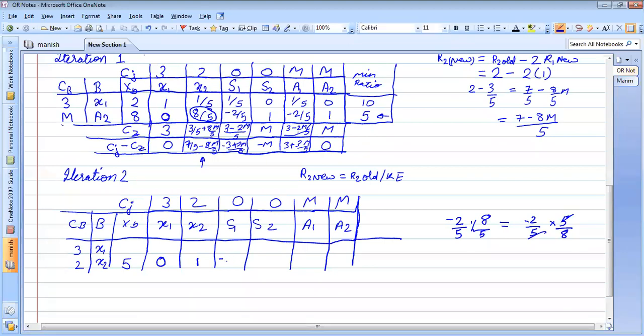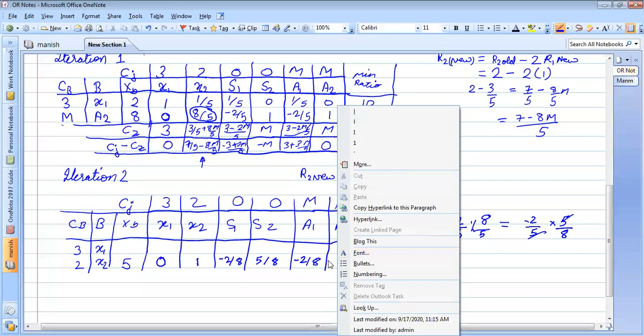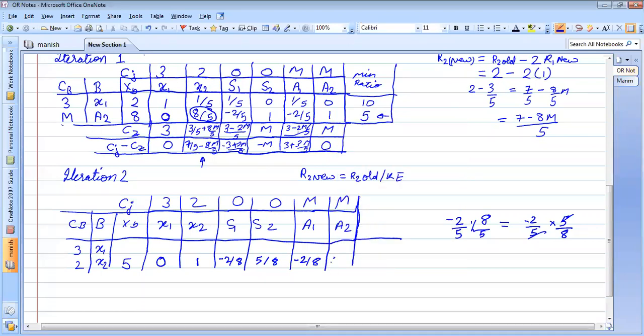Then 1 divided by 8 by 5 is 5 by 8. Any doubts, students here? No, sir.